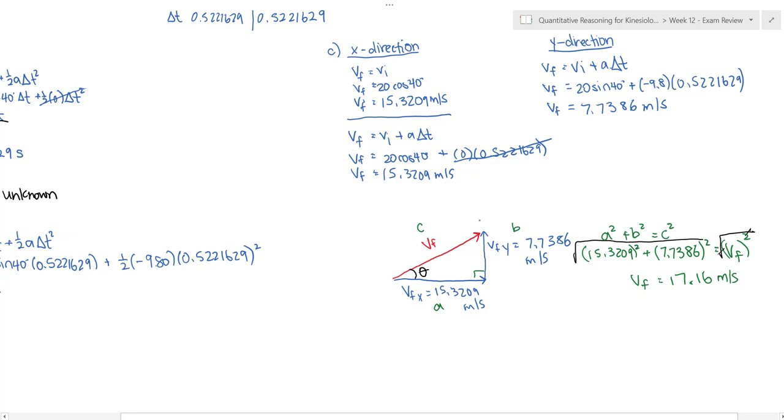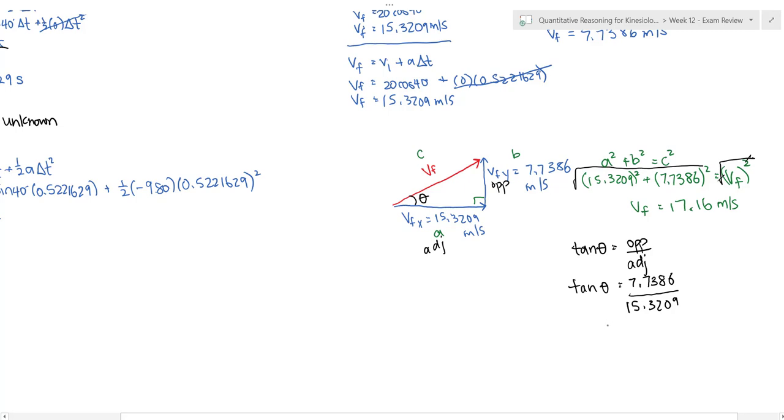So to find that angle, I'm going to use tan theta. Tan theta equals opposite over adjacent. My opposite side, my adjacent side. So I have tan theta equals opposite, which is 7.7386 over my adjacent side, which is 15.3209.